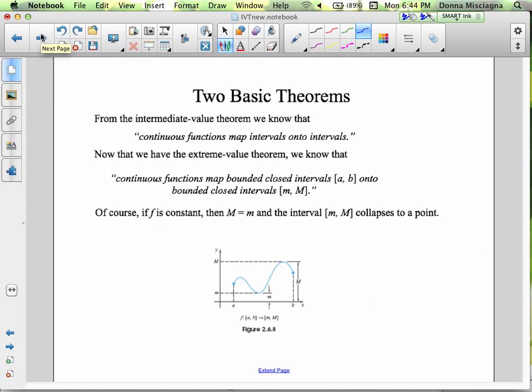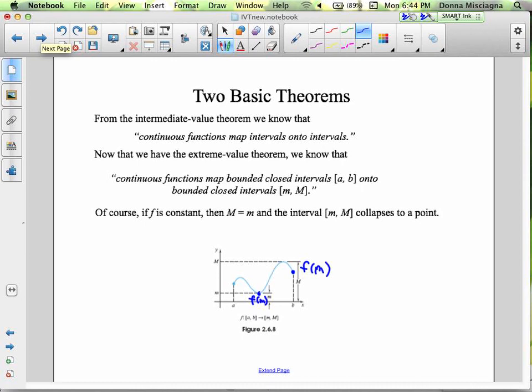So here is our minimum. This would be f of little m. Here we have f of big M. Big M, there we go.